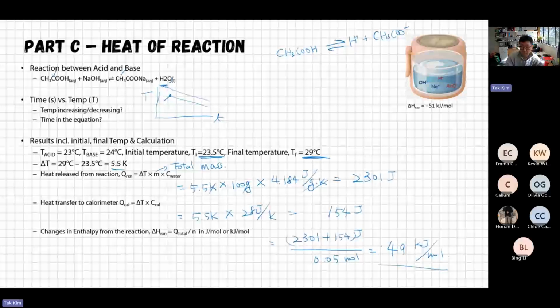And then again, this was an exothermic reaction. So compared to the initial, our final temperature went up. Because of that, you need to put a negative sign. I think that is all the calculations you need to do.